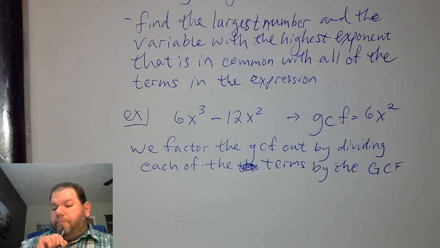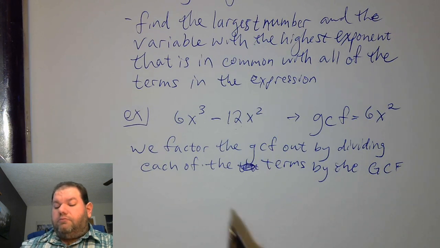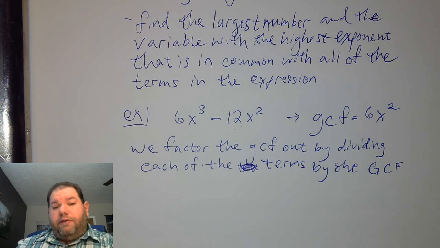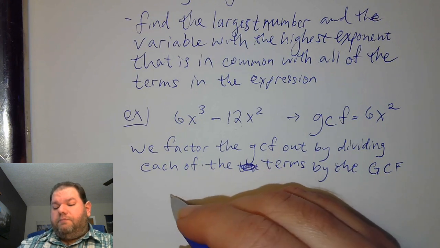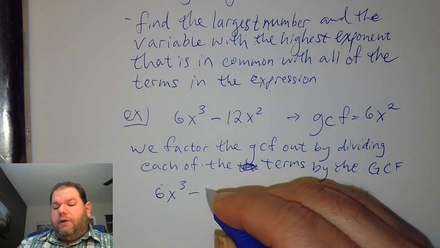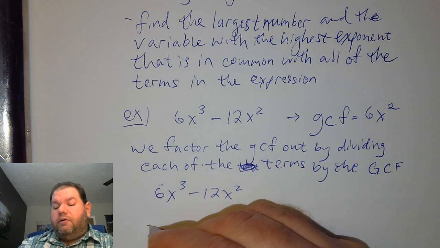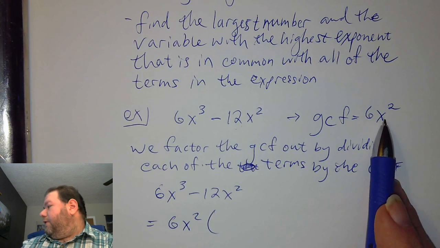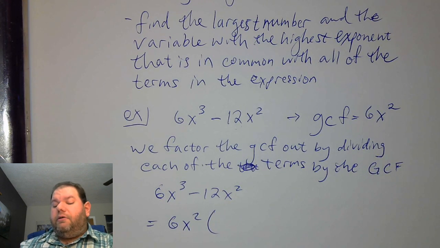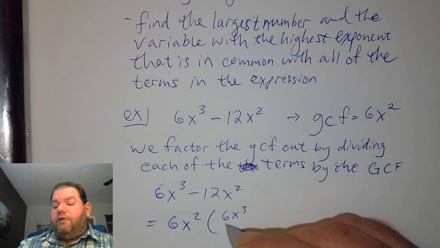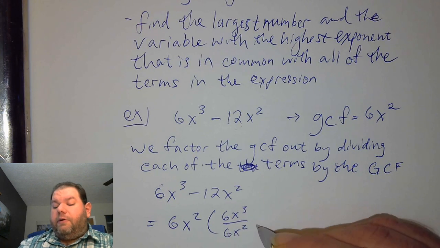Okay. And we also write the greatest common factor on the outside. So we have 6x cubed minus 12x squared. Now we know that we're going to factor out the common factor of 6x squared here. And what we do is we'll take each of these terms and now divide them by 6x squared inside.